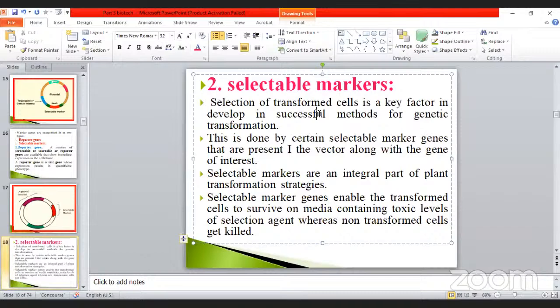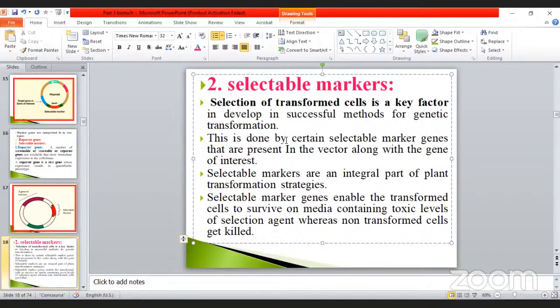This is done by certain selectable marker genes that are present in the vector along with the gene of interest.